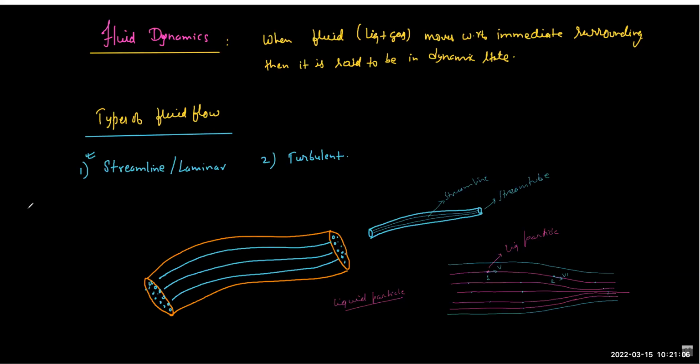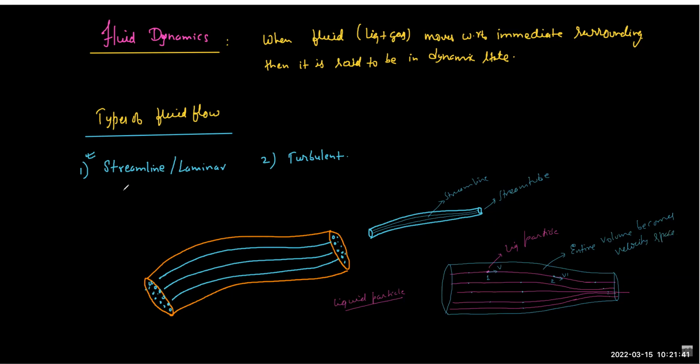Particles have to follow it, and when that happens, we say it is a streamline flow, and the entire space, the entire volume, becomes velocity space.